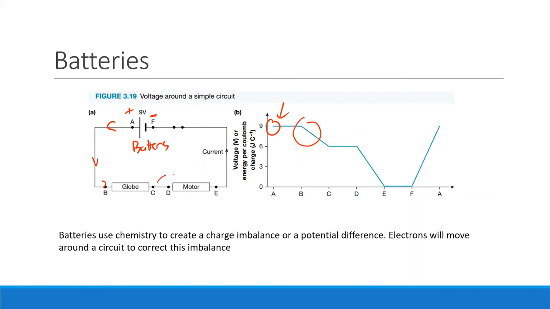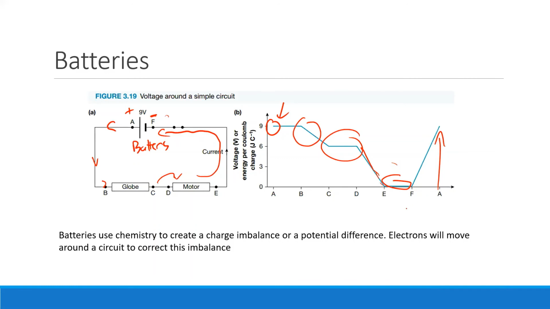As it keeps going, it'll lose more energy at the motor until eventually, when it gets all the way back to F, which is where the current wants to get to, it will have no energy whatsoever. It wants to get to this point where it's balanced. And then as it goes through the battery, it raises it back up to the high energy.